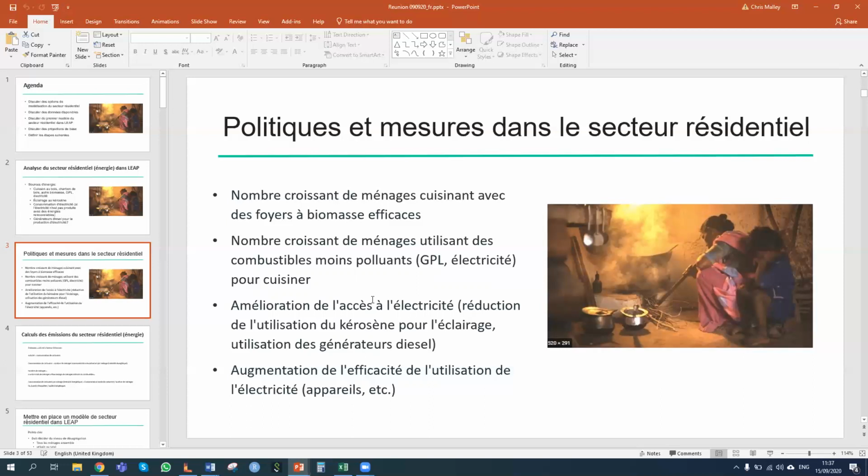So these are the types of policies and measures that we might want to evaluate in the residential sector.